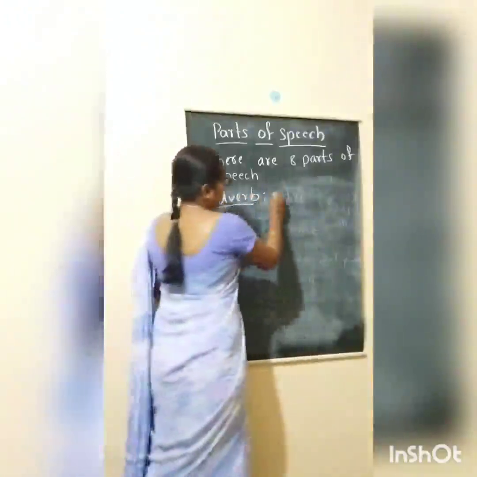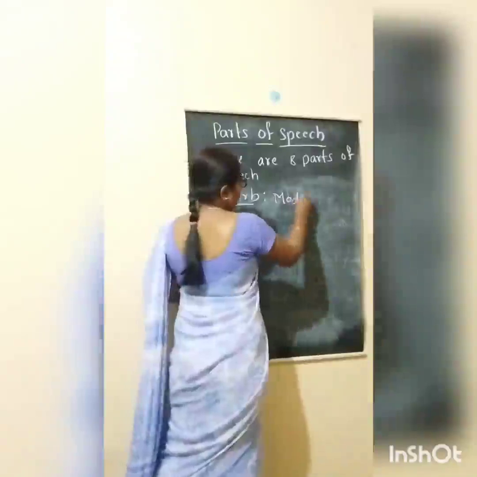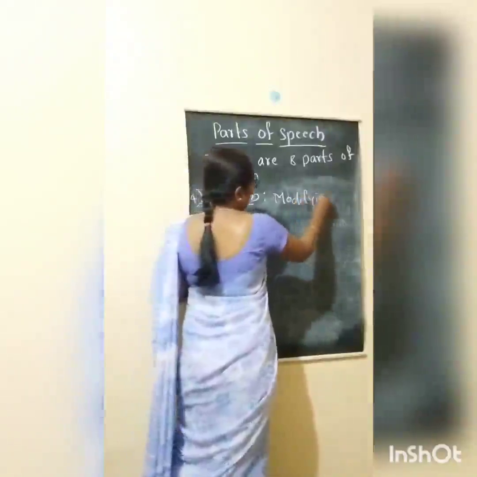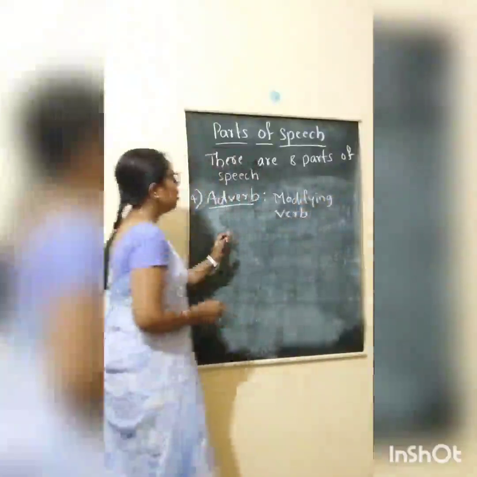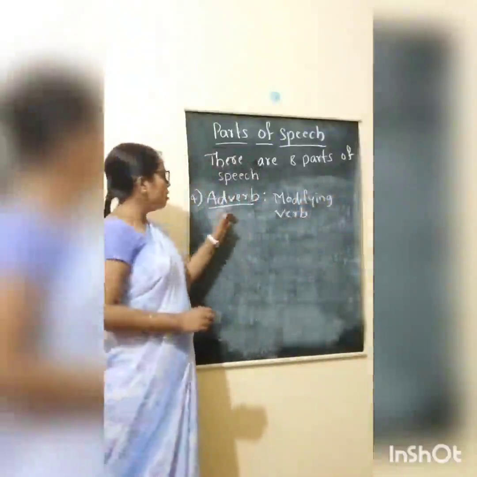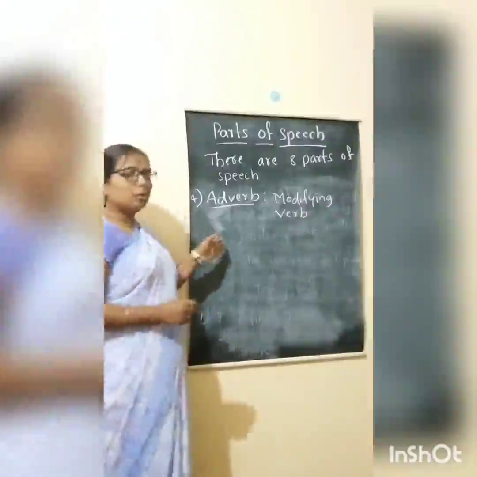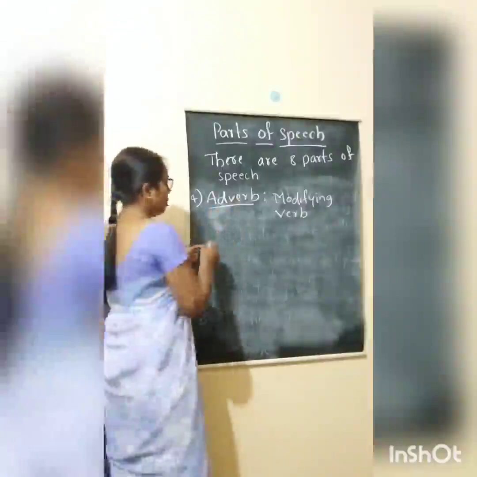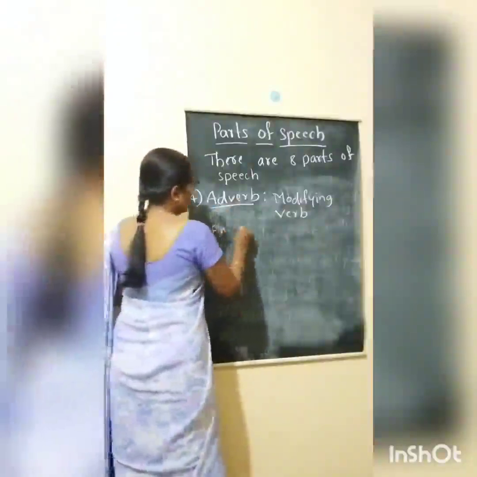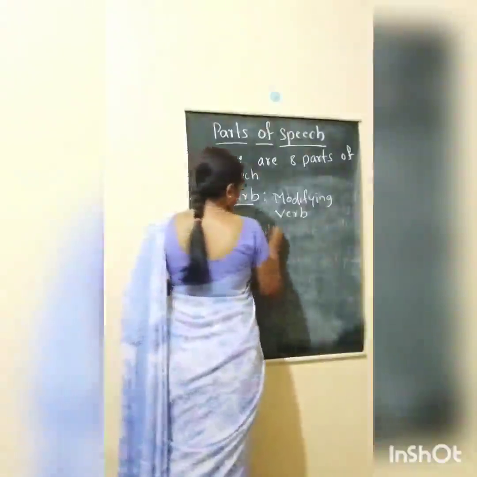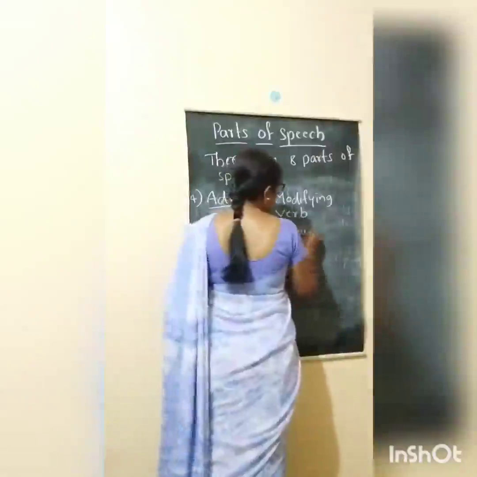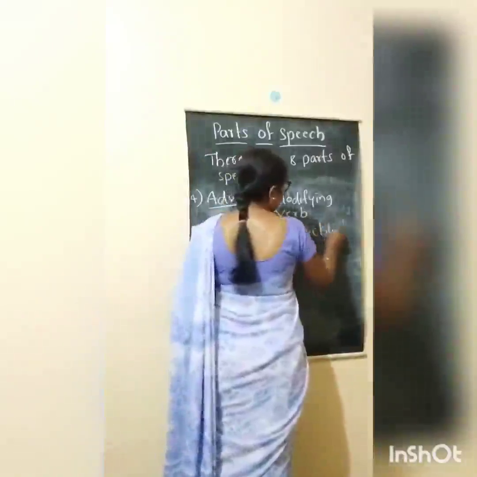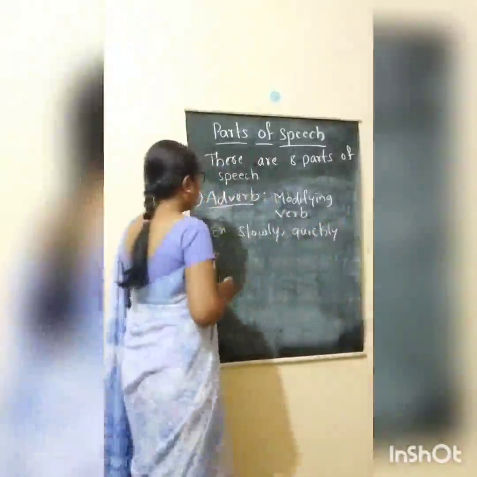Modifying the verb is called adverb. Nothing but addition to the verb. For example, slowly, quickly. These words are called adverb.